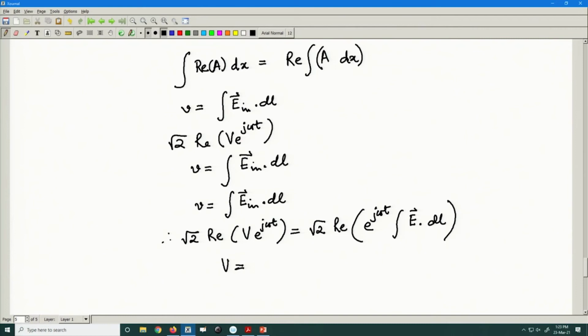Cancelling all the e to the power j omega t variation, cancelling this term with this term, this with this and this with that, we have V equal to integral E dot dl.